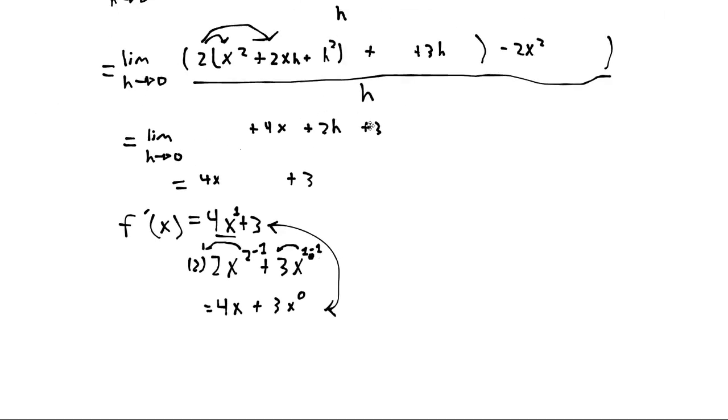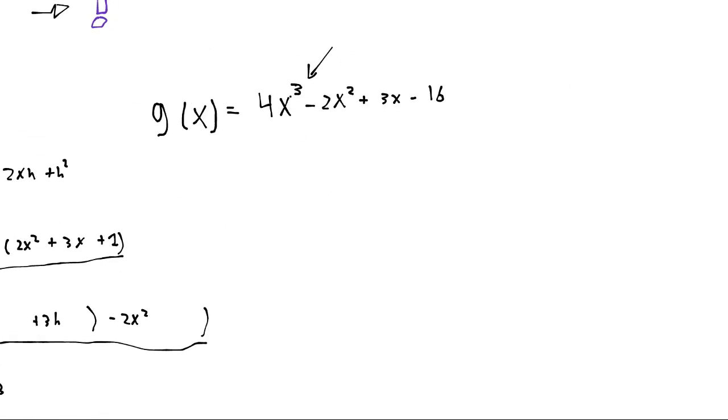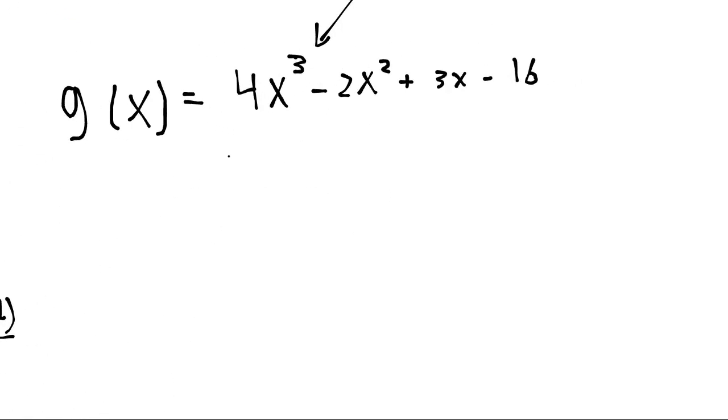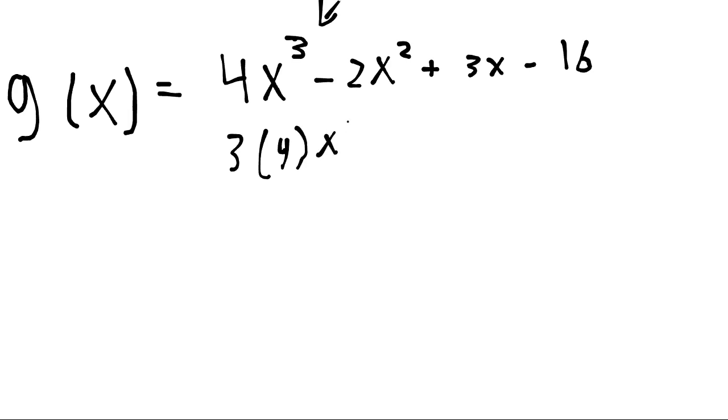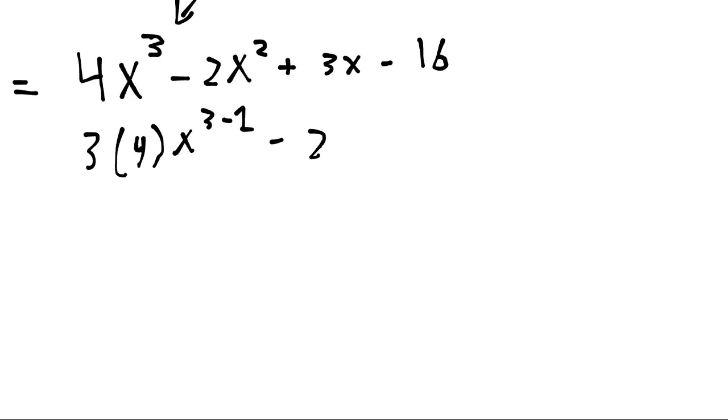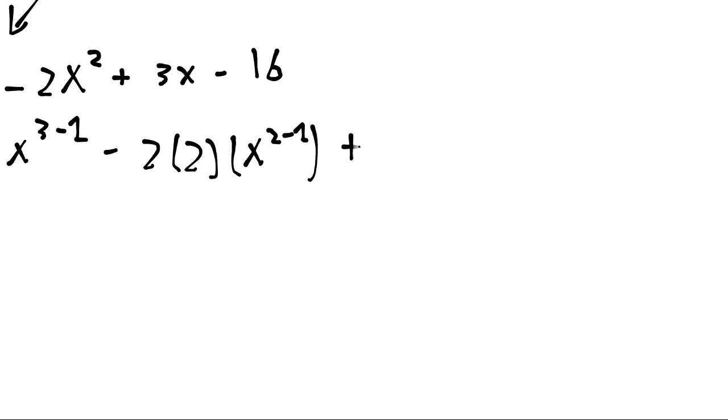So now if we go back up here and look at this one, we could do first principles. We don't have to. We can also just multiply the 3 in. Actually, here, I'll draw it out. So 3 multiplied by 4x, multiplied by 4, and then x to the 3 minus 1, then subtract 2 times 2x squared minus 1, and then plus 3 multiplied by 1.